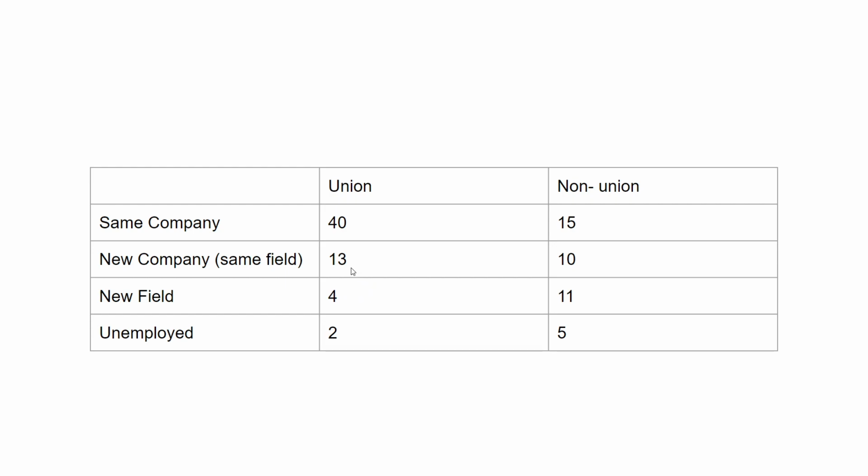Okay, anyways, I'm highlighting this point 13 here. So 13 people are in the new company and the union members. So what is the probability of that? 13 by 100. And how many people have got the job in the same field? 23, no? 23 was the number which I had written here.